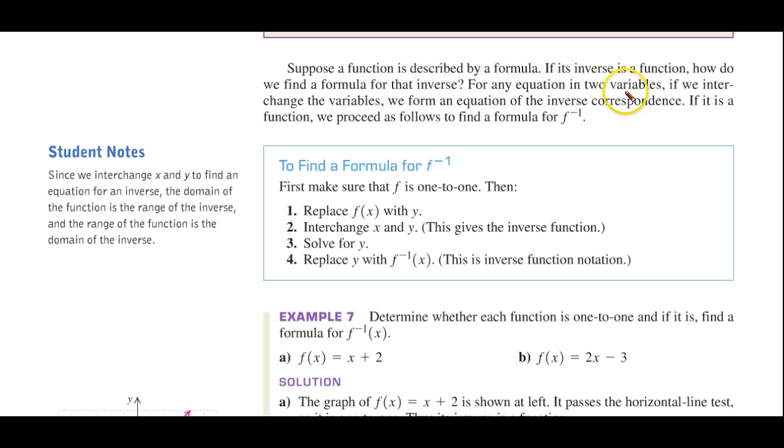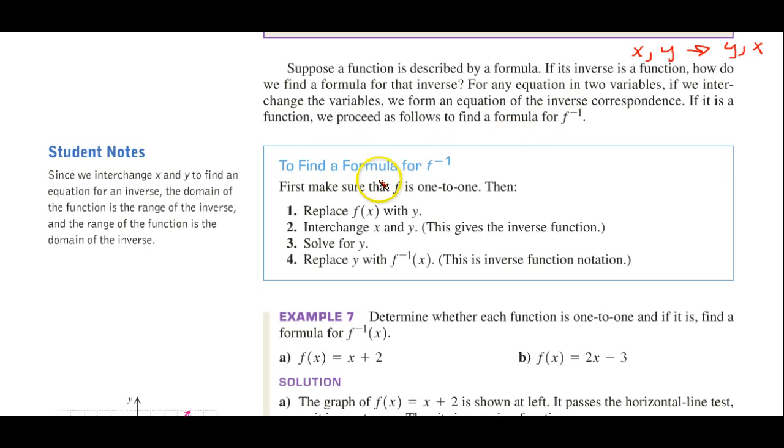For any equation in two variables, that's if we have an x and a y, if we interchange the variables, that is, reverse that, so it now becomes y comma x, we form an equation of the inverse correspondence. If it is a function, we proceed as follows to find the formula for f inverse.